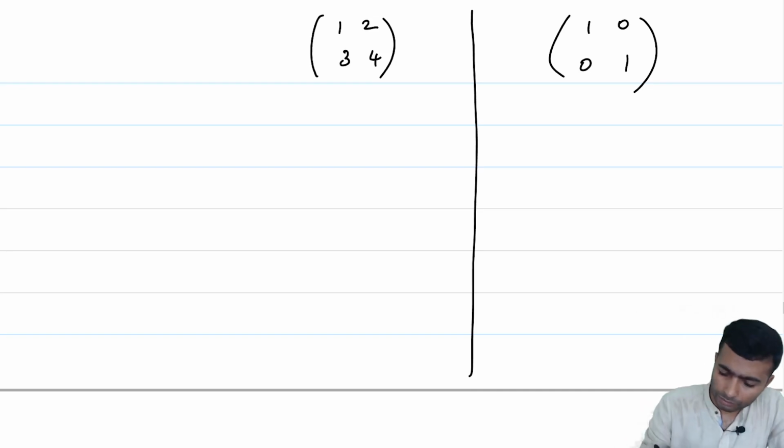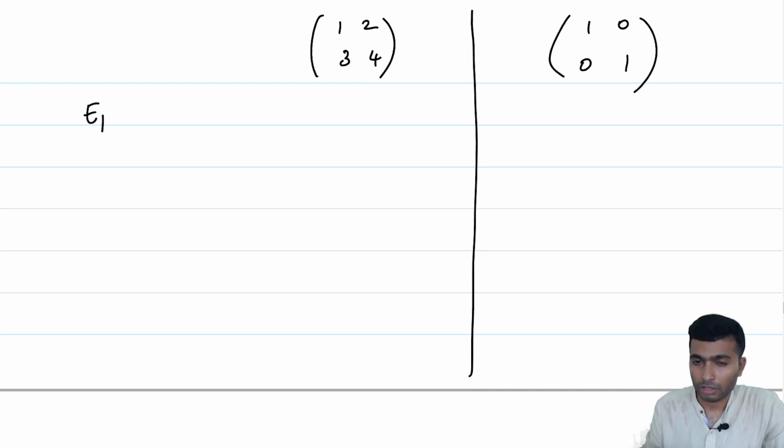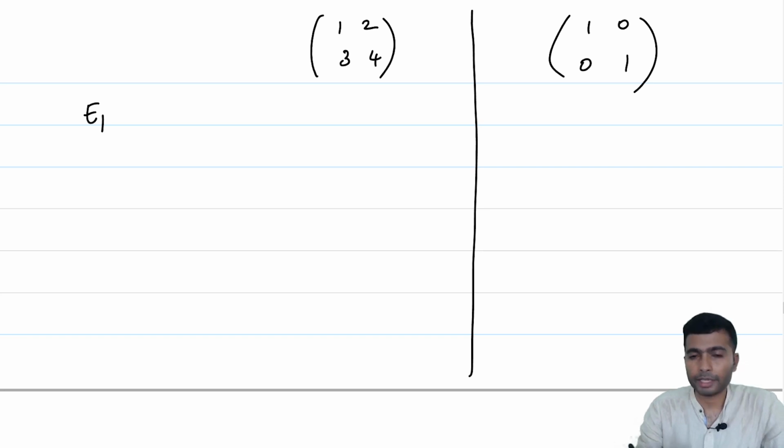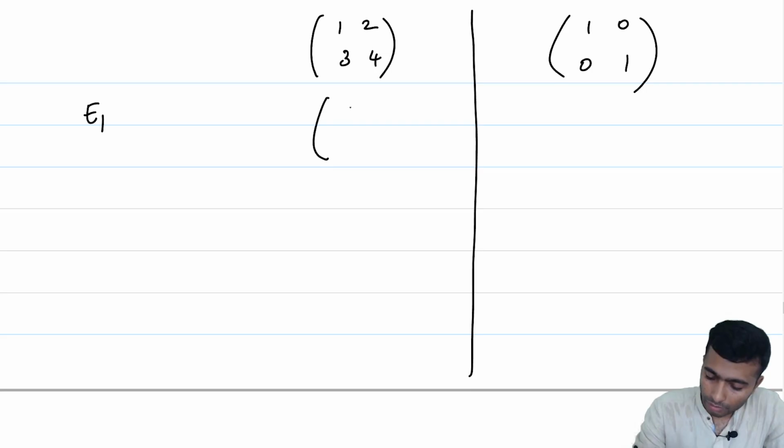So, the first operation E1 would be to make the second entry 0. So, this is basically 3 times row 1 subtracted from row 2. So, this gives 1, 2, nothing changes there, it will be 0 and 4 minus 6 is minus 2.